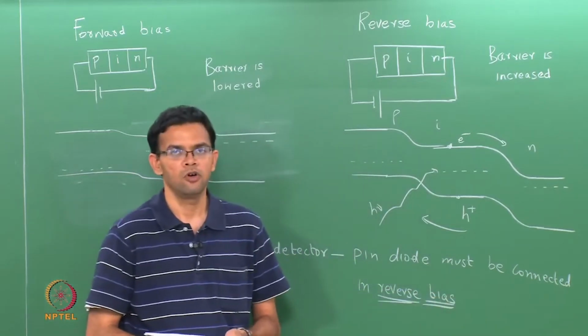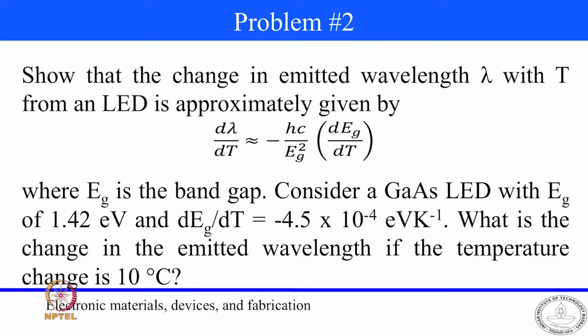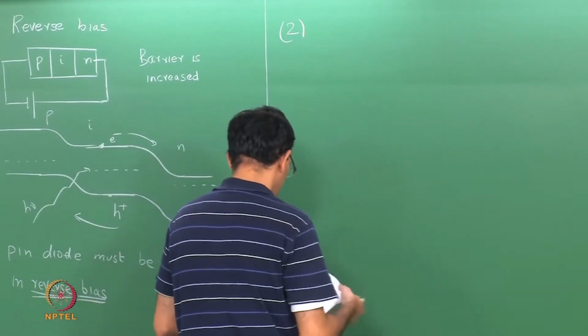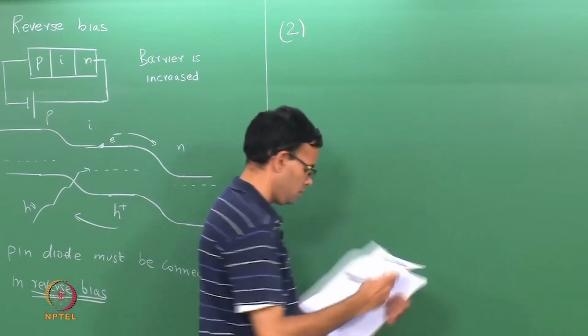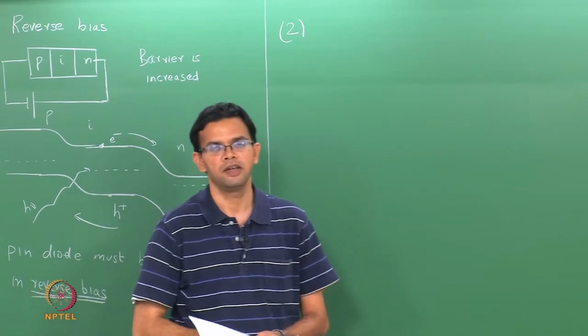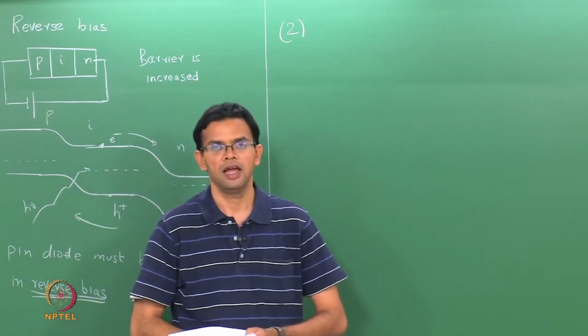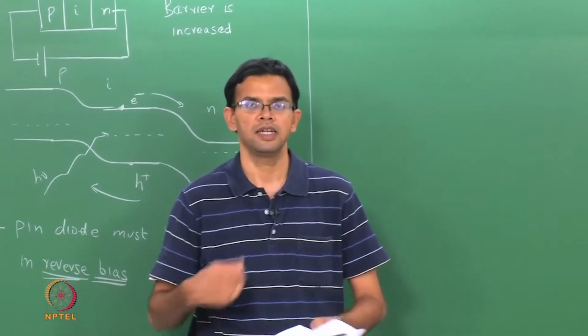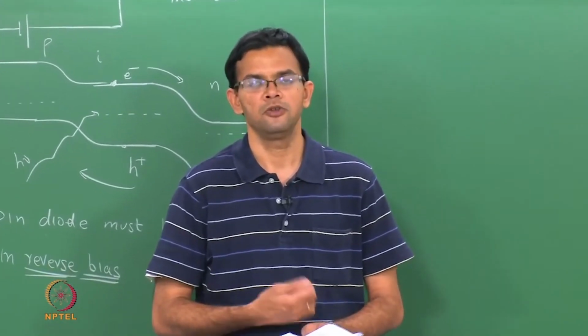So, let us now go to problem 2. Problem 2 essentially deals with an LED. LED is your light emitting diode, based upon the fact that you inject electrons and holes into your material.